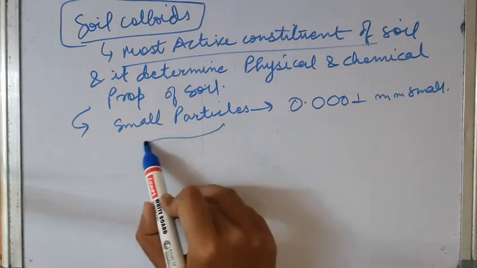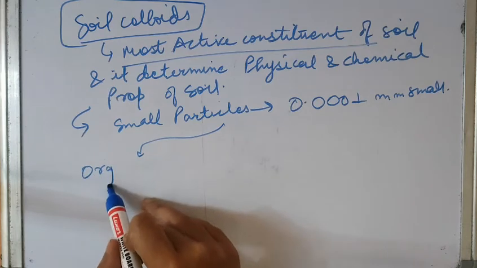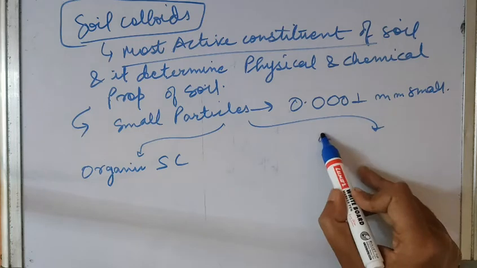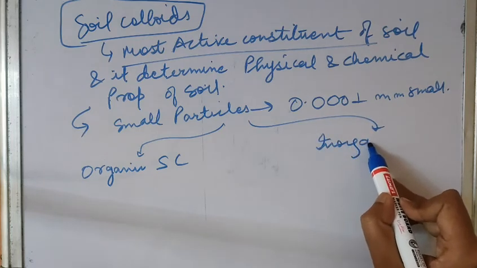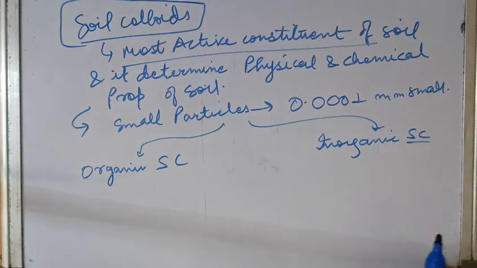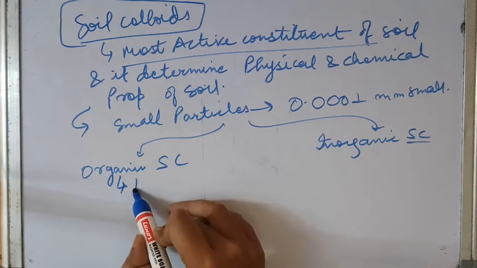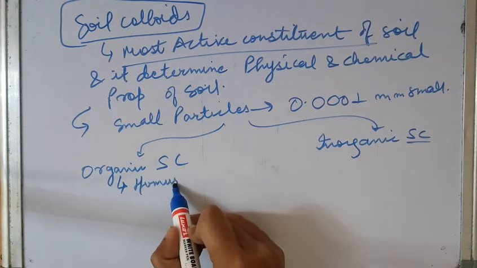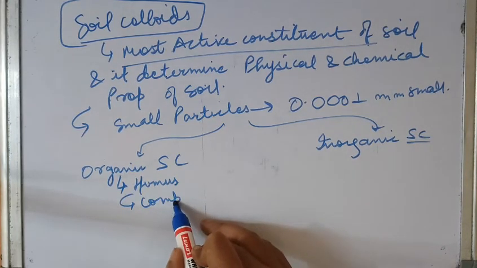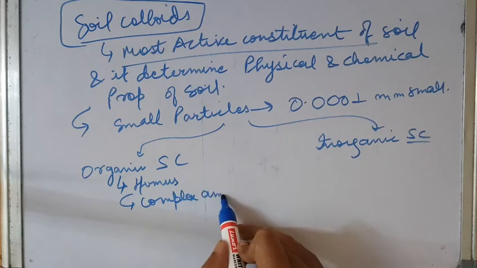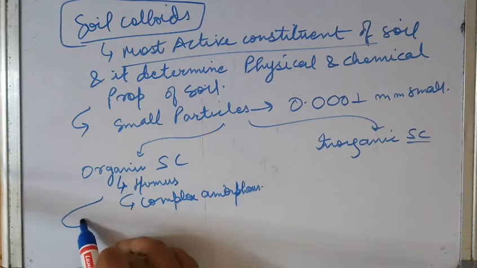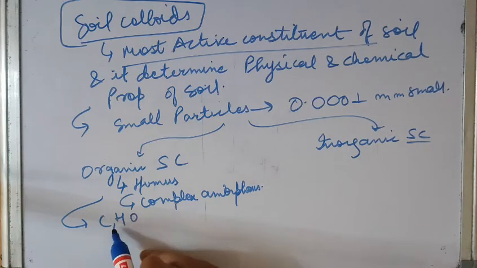These are of two types: organic soil colloids and inorganic soil colloids. Organic soil colloids are mainly composed of humus, and the shape is complex, amorphous. They are made up of C, H, O, that is carbon, hydrogen and oxygen.